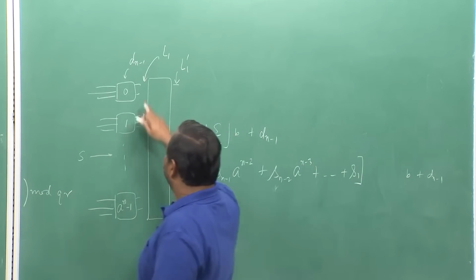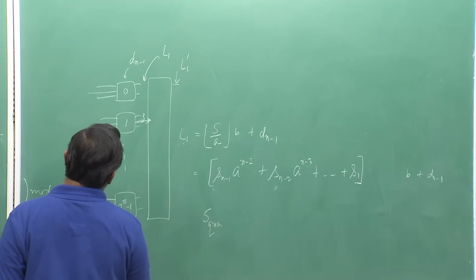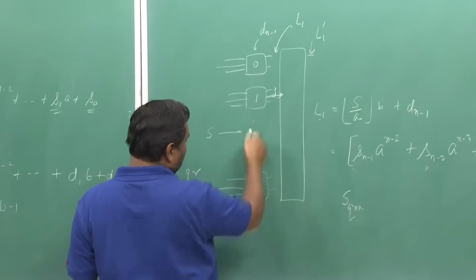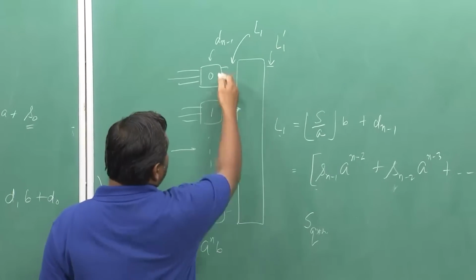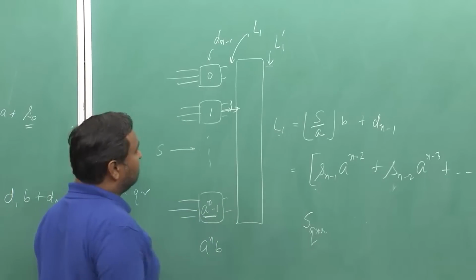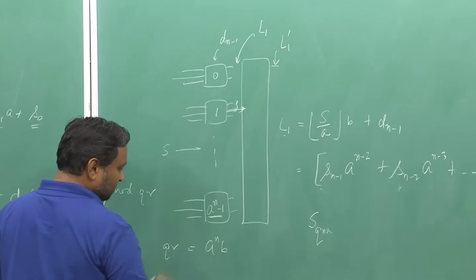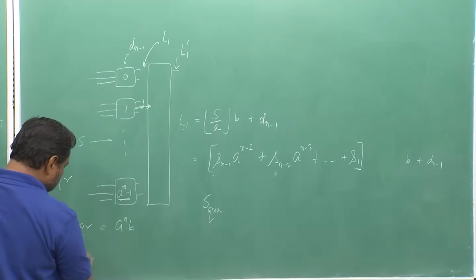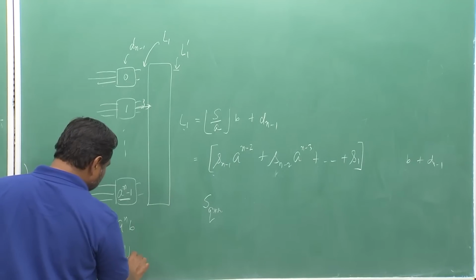So, total number of switches are these. So, I have A raised power n number of switches into B, that is the total number of ports which are there or lines which are being counted. So, QR is equal to this, and now Q is equal to A. So, which implies R is A raised power n minus 1 B.